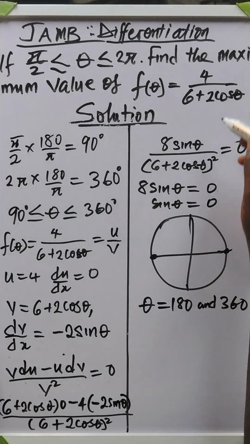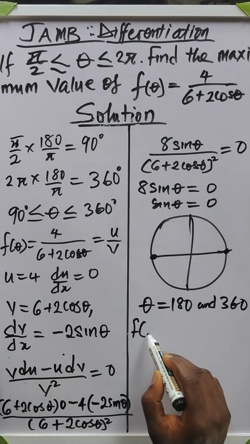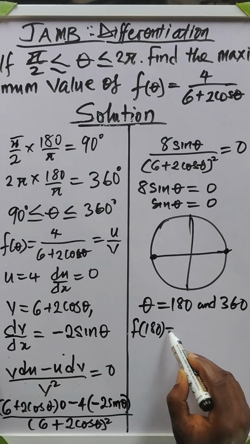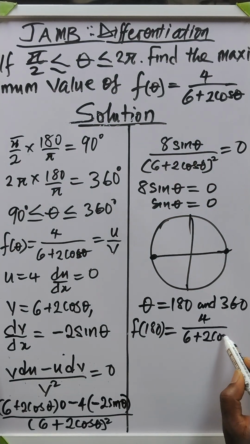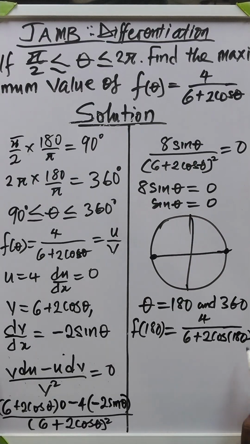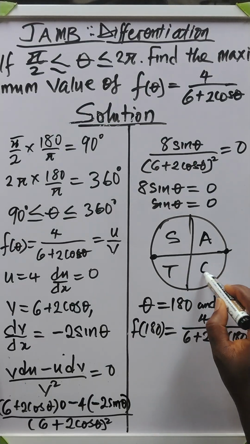Now we substitute these values here to see the one that will give us a maximum point. So f of 180 is equal to 4 over 6 plus 2 cos 180. Cos 0 is 1, cos 180 is minus 1, because in this quadrant only sine is positive, tangent is positive here, and cosine is positive here.